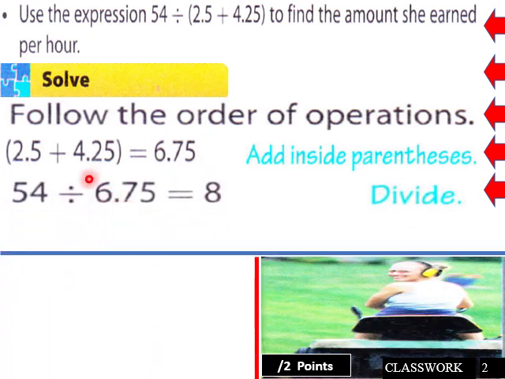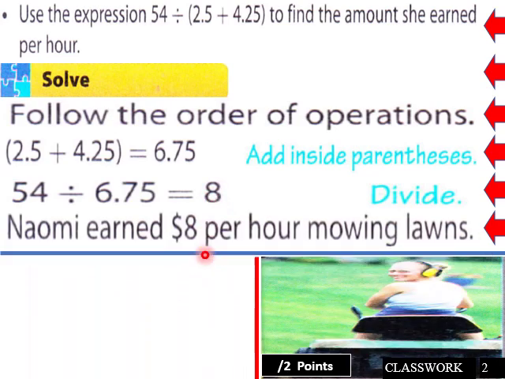And now what we need to do is divide our time into our dollar amount. When we divide 54 by 6.75, we get $8. So she earned $8 per hour mowing lawns.